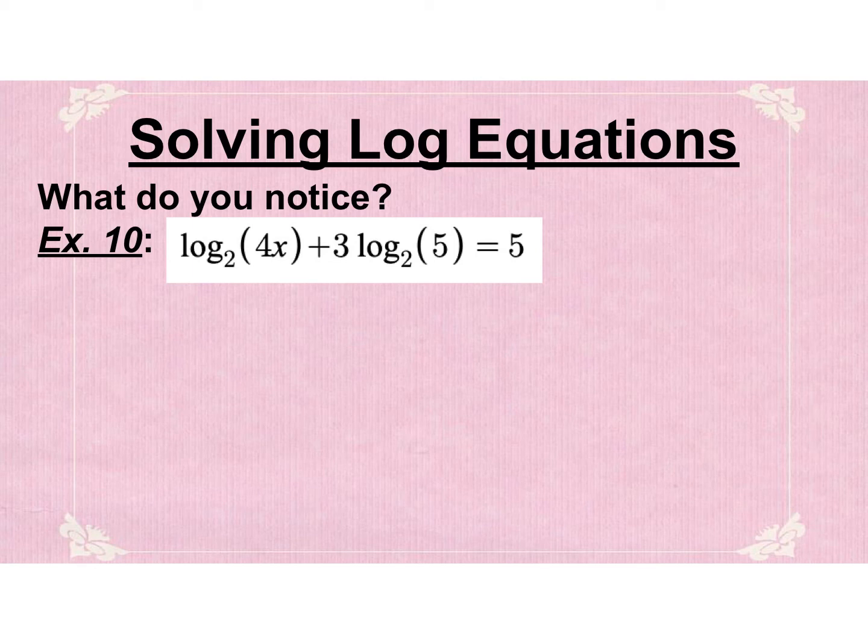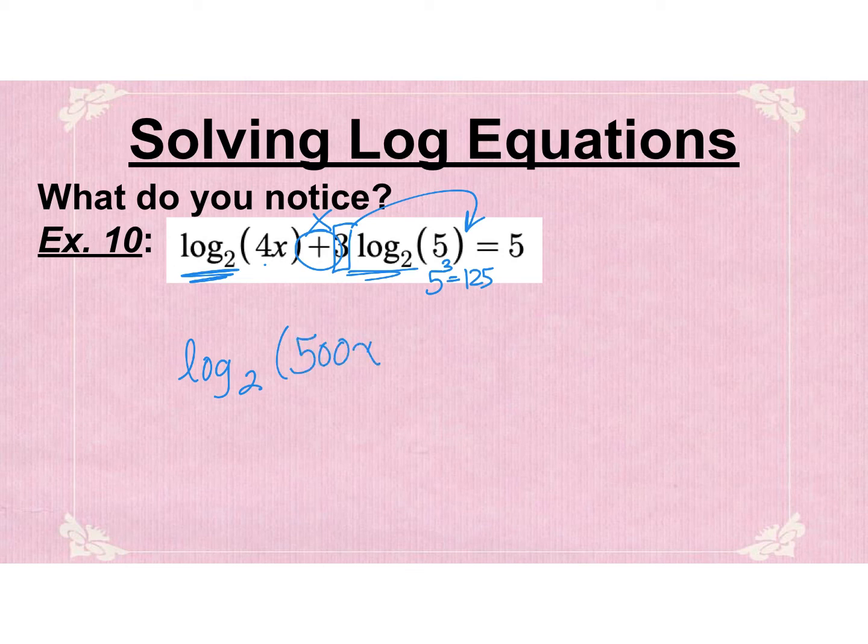This one does have some bigger numbers. I notice I have the same log base. I'm separated with addition, so I'm going to condense this with multiplication. This becomes, oh, and don't forget that 3. That becomes your exponent. So this becomes 5 to the 3, which is 125. Don't work through this with just the 5. That's what I was about to do. So this becomes log base 2 of 4 times 125, which is 500, and then we have an x in there, equals 5.